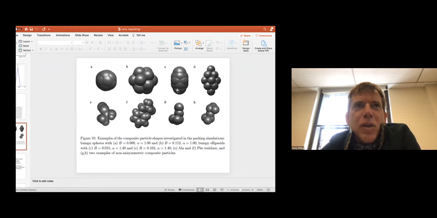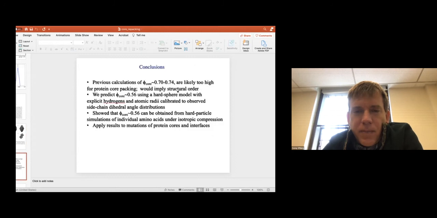Again, a smooth ellipsoid is not a good shape to have in mind. And so it seems like the good physical picture is to think of it as an elongated yet bumpy or frictional shape, as it were. That would be a reasonable physical model for the geometrical structure of an amino acid.